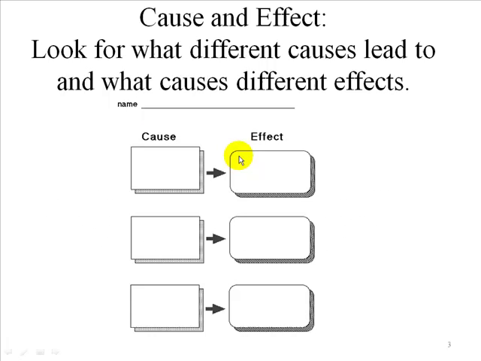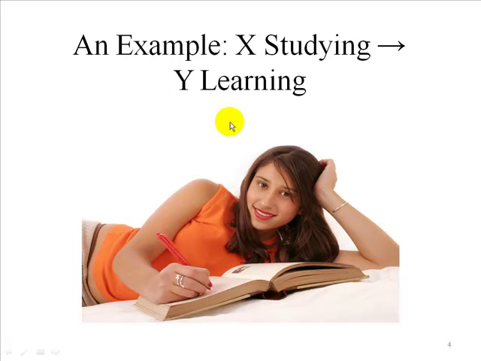So we're looking at cause and effect all semester long. We're looking for what different causes can lead to an effect, and maybe what different effects come from different causes. So each of these is an X, each of these is a Y. So when we see cause, we think X, we think effect, we think Y. We're going to take an example to see whether we can begin to apply it to understanding what the book is talking about.